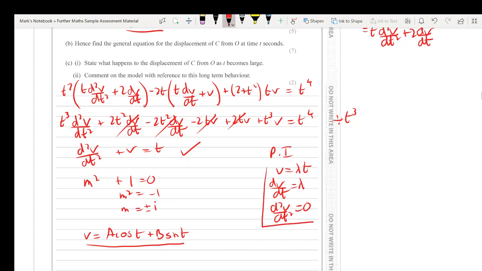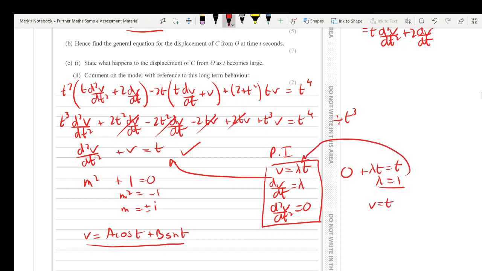Substituting these three things into that equation will give us 0 plus lambda t equals t, which tells me that lambda is 1. So the particular integral is v equals t. Complementary function plus particular integral, so we're going to add on the t to that.